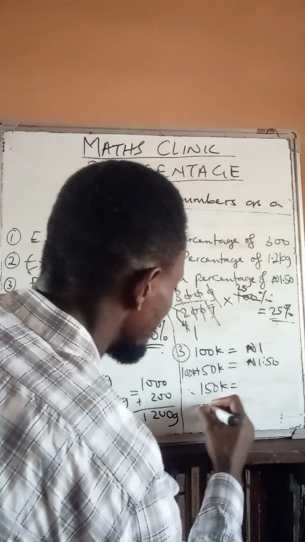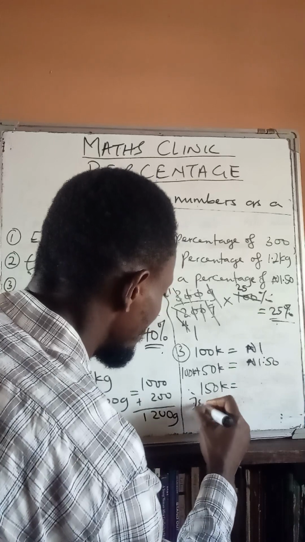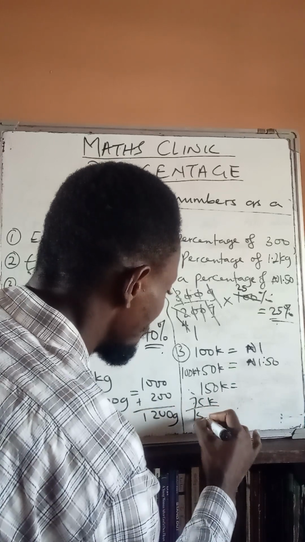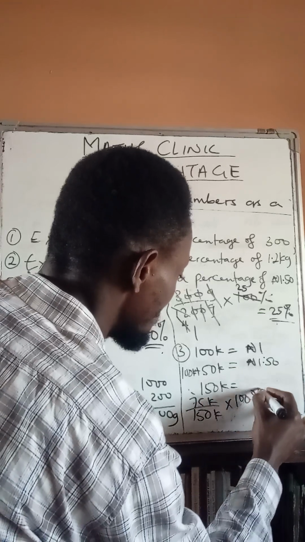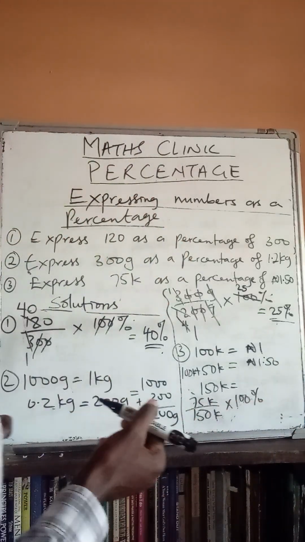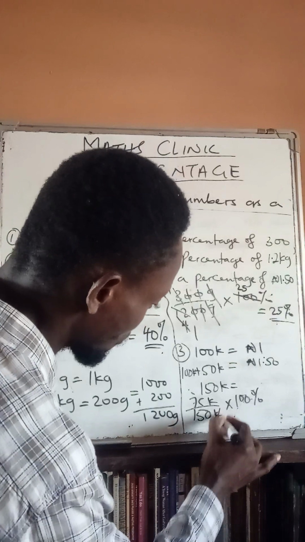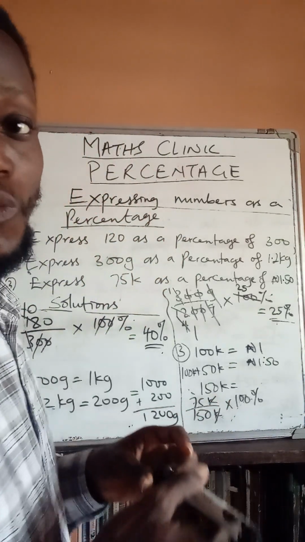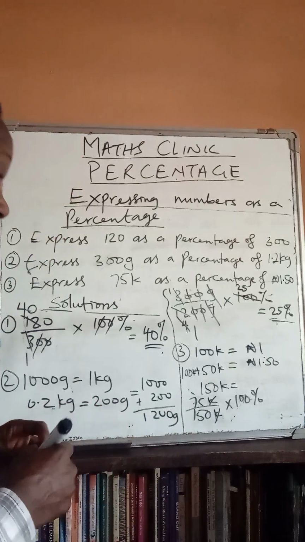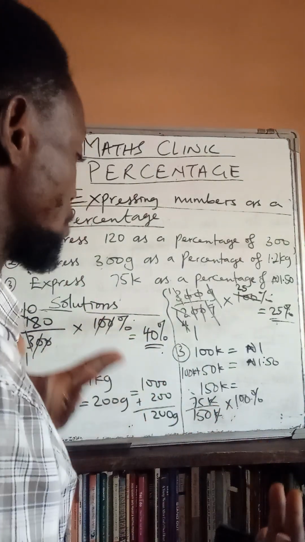So we have 75 kobo all over 150 kobo times 100%. So what is common here? Kobo is common, kobo will cross kobo. 75 can actually divide 150 without any remainder, because 75 plus 75 will give us 150.